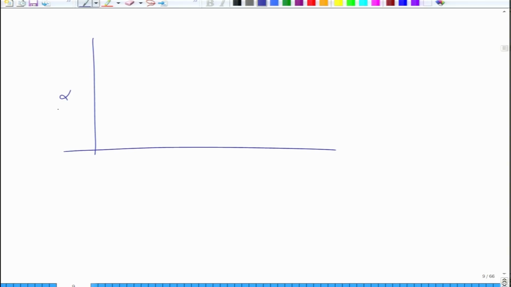So, if I plot alpha as a function of energy in eV, around 1.52, it has a band gap of nearly 1 electron volt. So, it gives you absorption which is as good as 10 to the power 5.